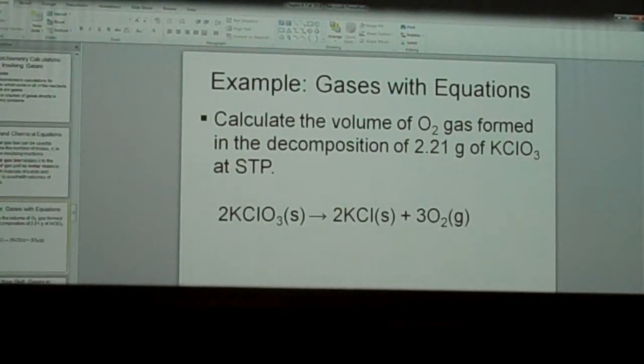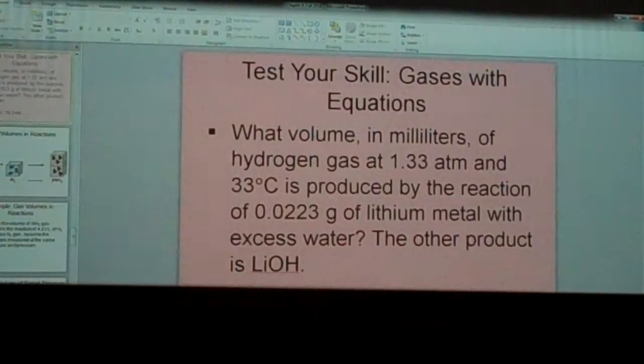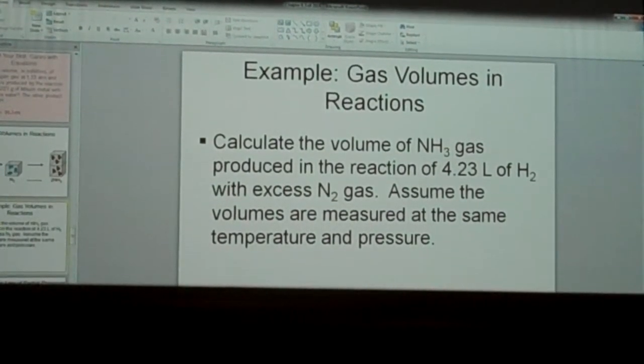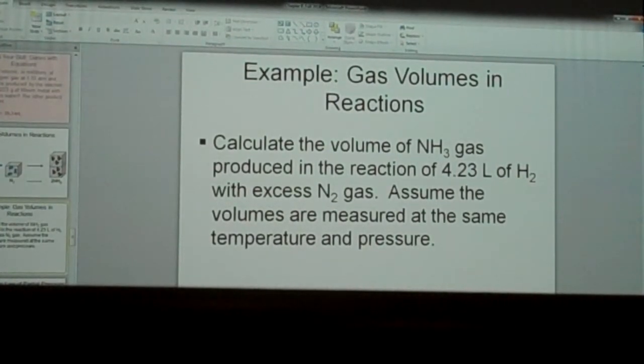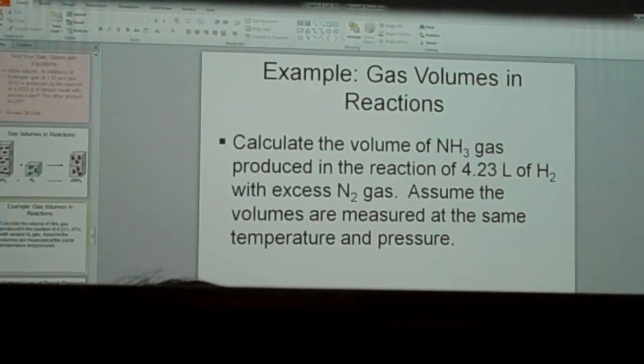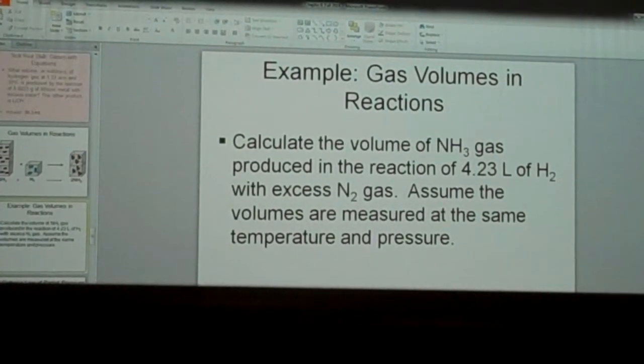Okay, all right. Let's try another one. Do this. This one, believe it or not, is a little easier, but you should be able to do this. Liz, in a way, this question's more in line with what you were thinking about.